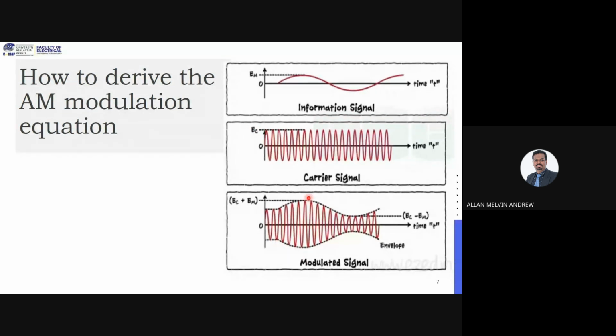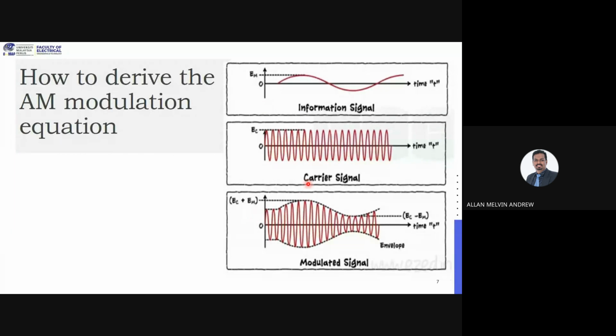When you mix plus EM with EC, you will get a signal like this. The highest point here, let's say here 0, 0 plus here will be maybe 1. That's why here is a bit lesser than EM. The maximum point here will be EM plus EC, so that's why this is the highest point.